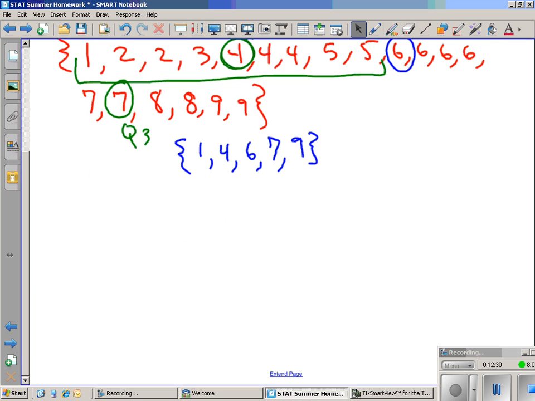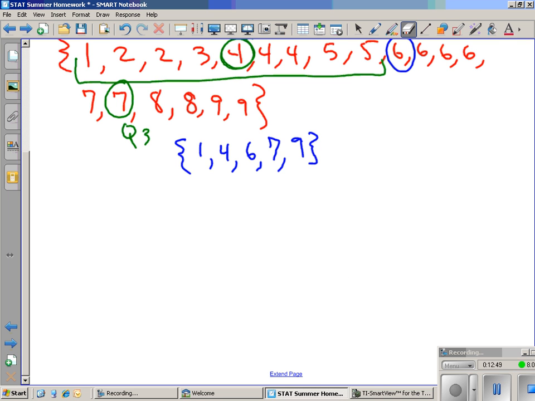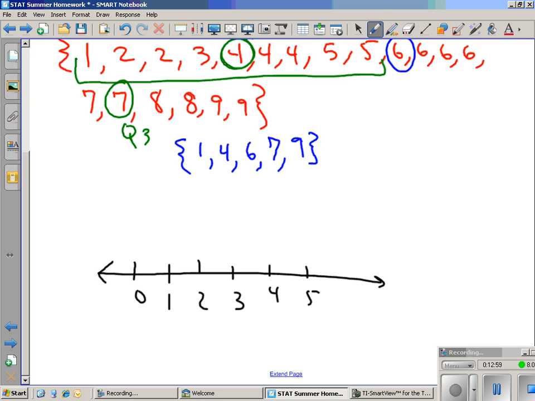Okay, now when drawing the box plot, you'll make sure that you create a scale. So draw a number line. I'll say 0, 1, 2, 3, 4, 5. I didn't do a very good job. Try again. 0, 1, 2, 3, 4, 5, 6, 7, 8, 9.